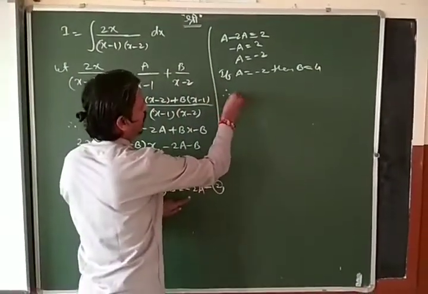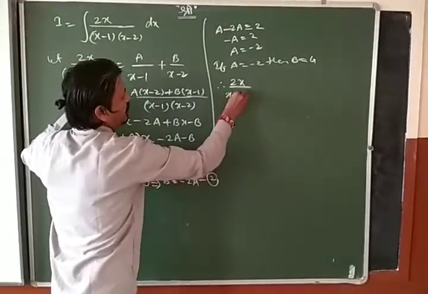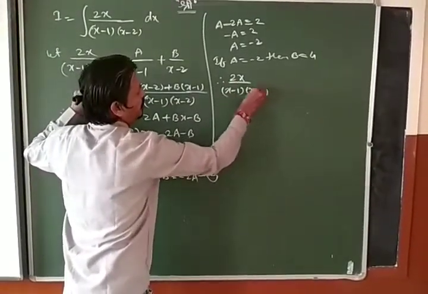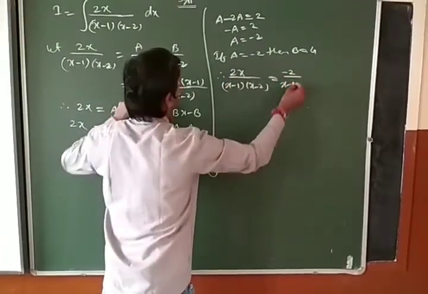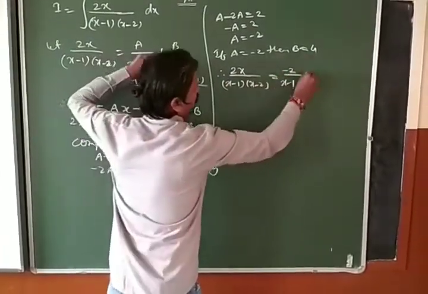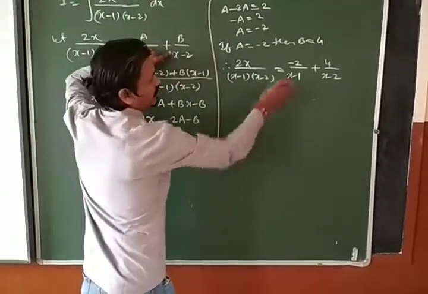So now our fraction becomes 2x upon x minus 1 into x minus 2 is equal to minus 2 upon x minus 1 plus 4 upon x minus 2. So our fraction becomes like this.